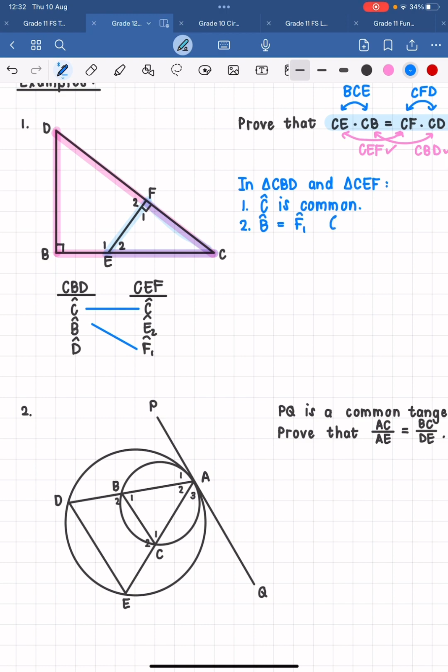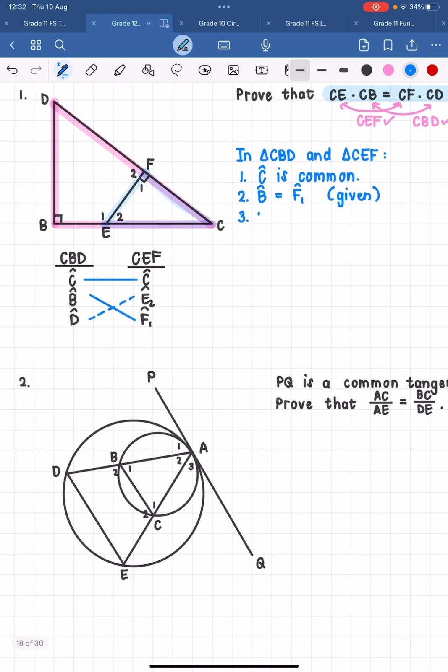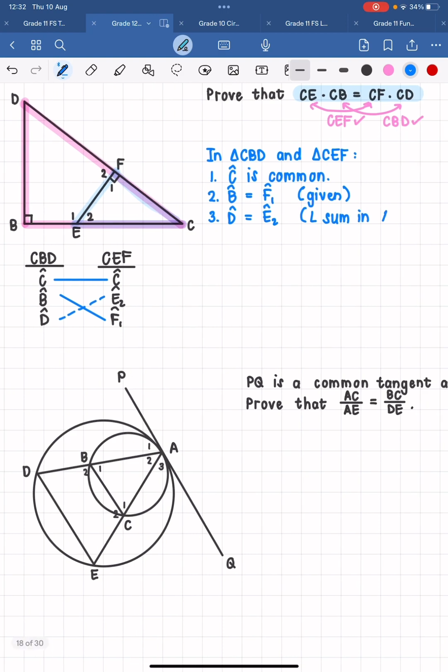And the reason for that is going to be given, because they told us by putting those little blocks on the diagram that those two angles were equal. And then we know that the third pair of angles will automatically be equal. So for the third line, I'm going to write angle D is equal to E2. And the reason for that is going to be angle sum in triangle.